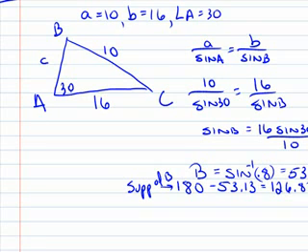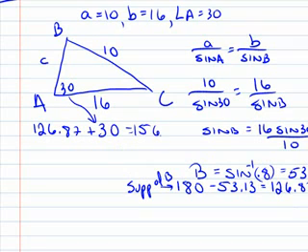And what happened in the first example we did was the supplement of what we found plus the given angle came up to be greater than 180, which is not possible. You can't have a triangle that has a sum of the angles bigger than 180, so there was not a second triangle. This one, though, when I add the supplement of the angle to the given angle, that would be A, I get 156.87. That's less than 180. That means that there's possibly two triangles here.